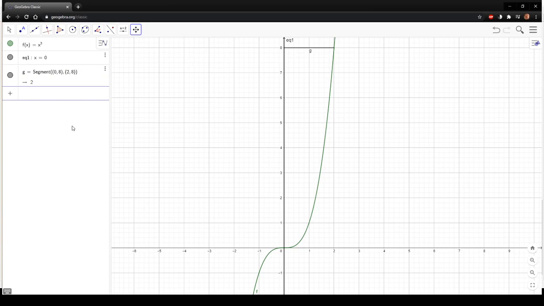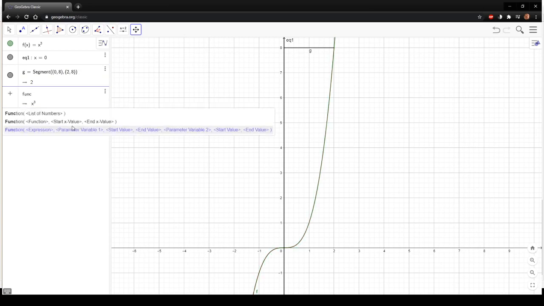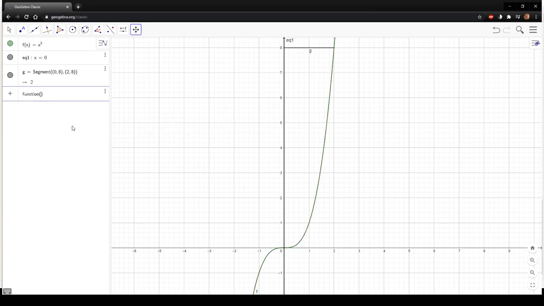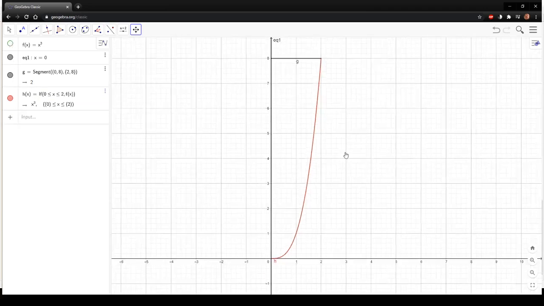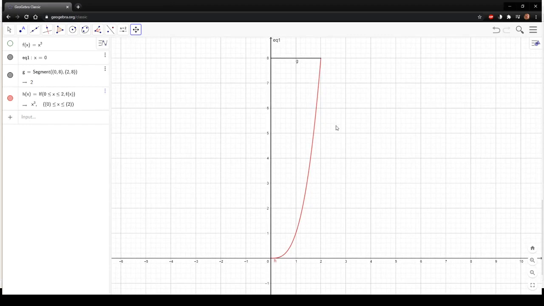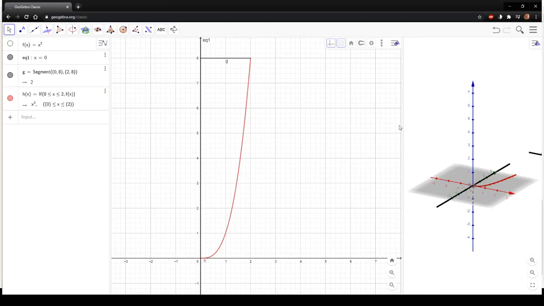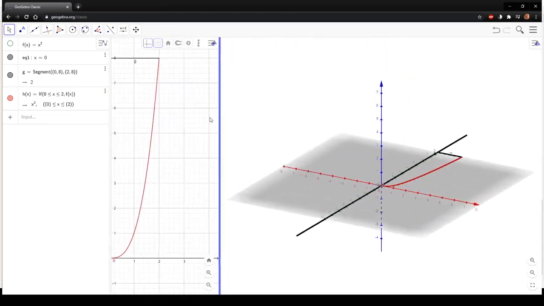So now that's just a line segment. And if we isolate the bit of the function that we're interested in, that goes from 0 to 2, okay. So turn that off. Yeah, there we go. So that's the region that we want. Now let's bring up the 3D graphics and rotate it.